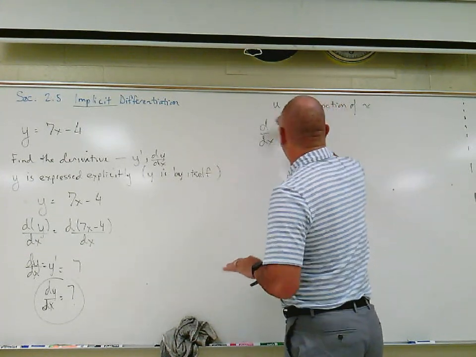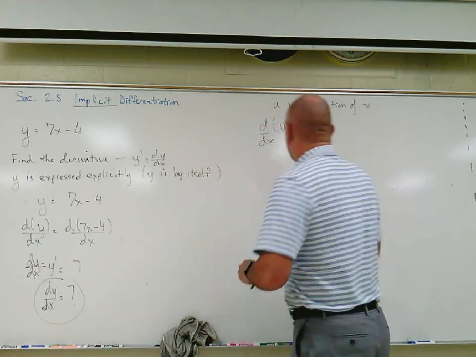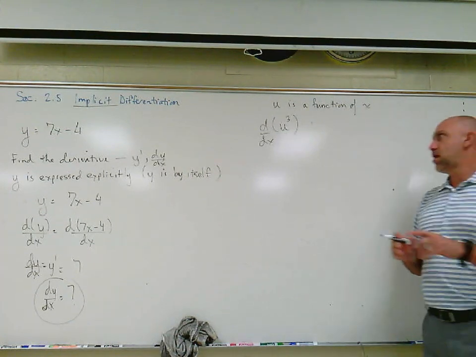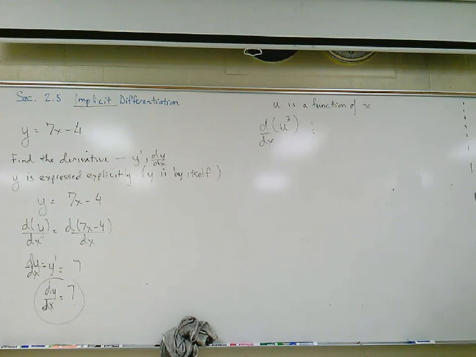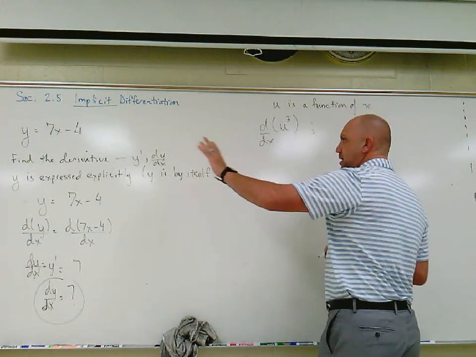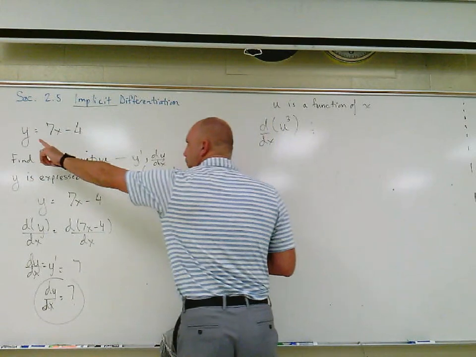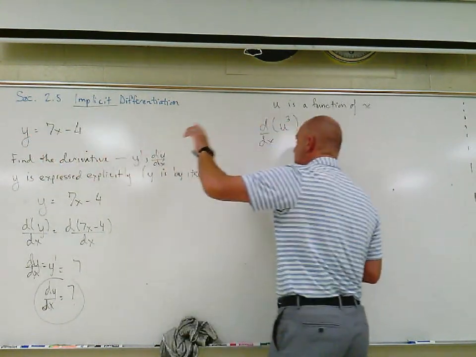It's a function of x, and I said take the derivative of u cubed with respect to x. So let's think about what our answer would be. I'm trying to tie this into what we're going to be doing today. So a refresher on chain rule. Okay, so first, terminology-wise, y being expressed explicitly means y is by itself on the left.